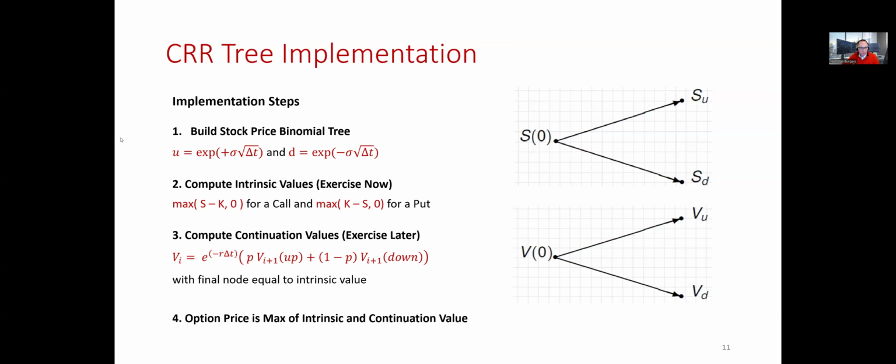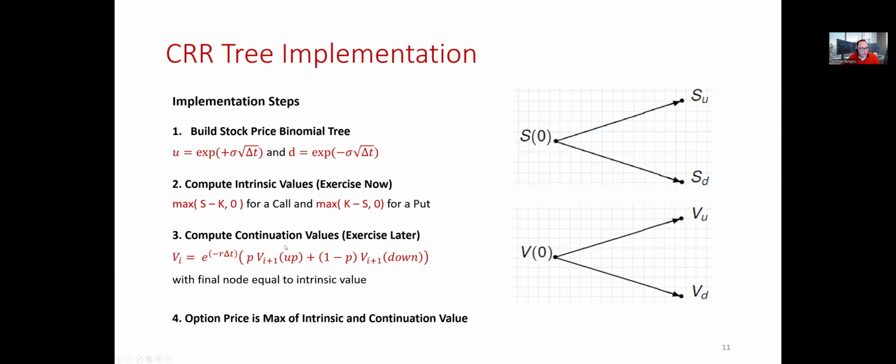So that's the exercise now value, and then we compute at each of these nodes the continuation values, which is where we don't exercise now, we exercise later, or we hold and continue. The value of the option at each node is the probability of moving up times the value of the option moving up, plus the probability of moving down times the value of the option moving down, and that's discounted.